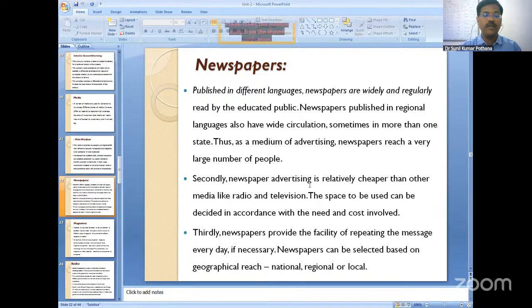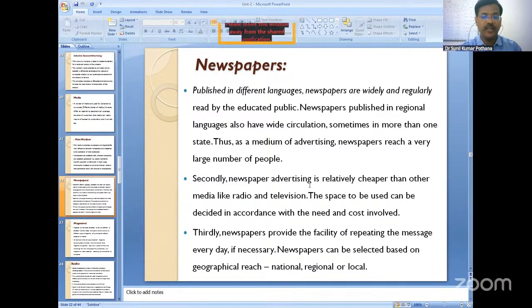Also, newspapers provide the facility of repeating the message every day, if necessary. Newspapers can be selected based on geographical reach, national level, regional level, or local level, because the product owner, the manufacturer, knows where the target area is.